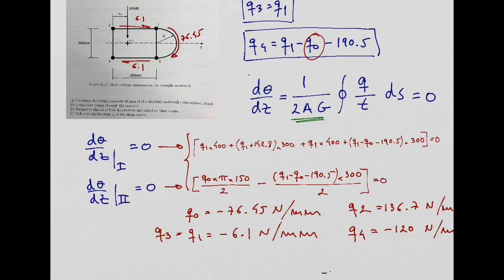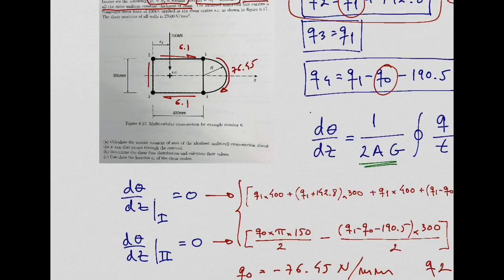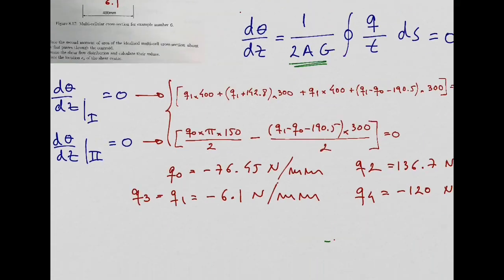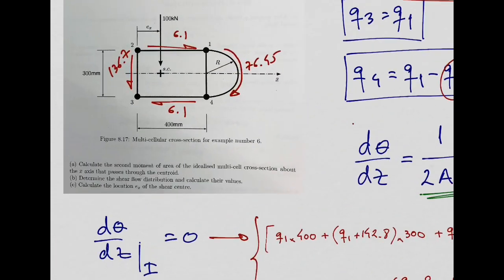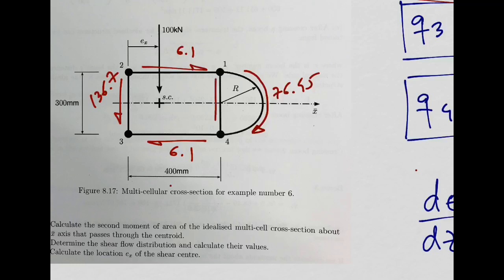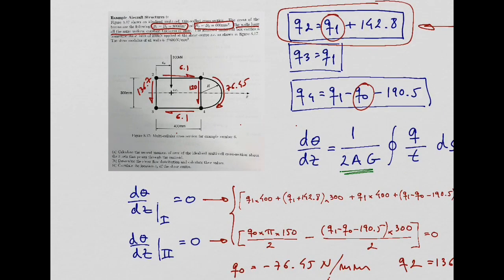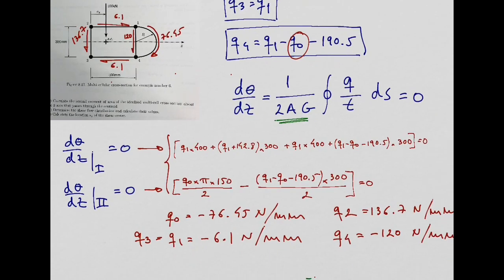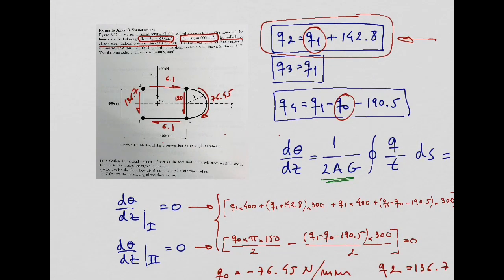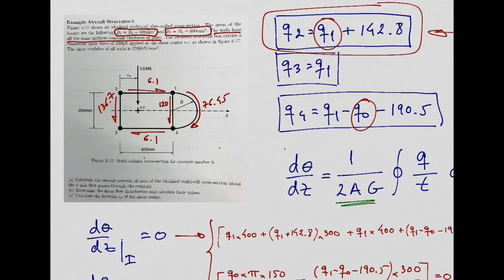Q2, 136.7 positive, so Q2 is going to be in this direction, 136.7. And Q4, negative, minus 120. Initially we assumed Q4 going upwards. Because we obtained a negative Q4, it means we need to reverse the orientation of Q4 and put it going downwards, 120, all right?